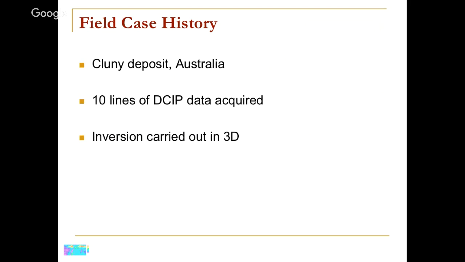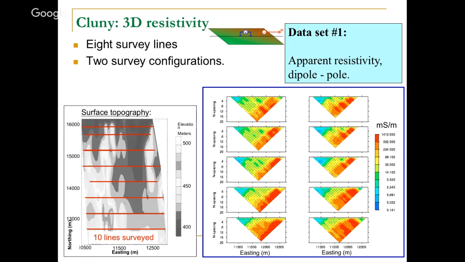So I now want to go back to this example that I had talked about last day, because we did the DC resistivity, and we ended up with a great geologic model, but one that really wasn't of particular interest from a mineralization viewpoint. So just to refresh your memory, this is what we had.